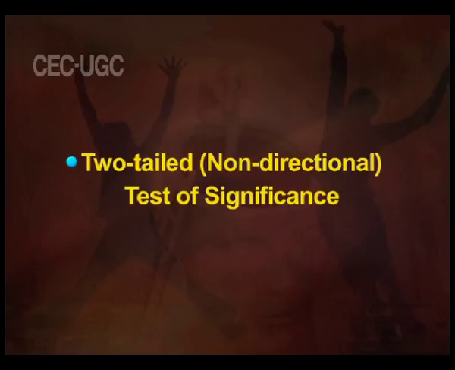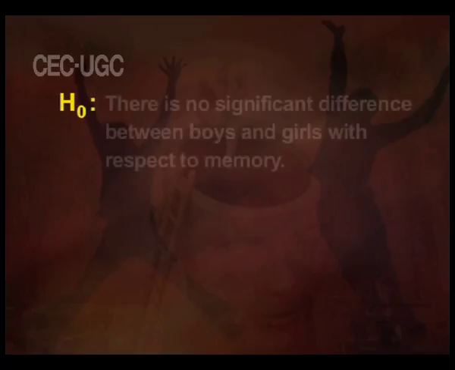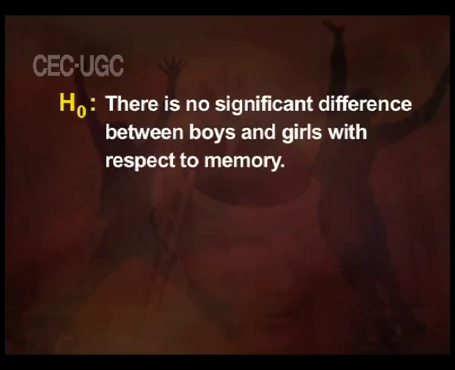The second concept we're going to consider is the two-tailed and one-tailed tests of significance. Let's first look at the two-tailed or non-directional test of significance. Suppose we had a research question which asked, is there a significant difference between boys and girls with respect to memory? The hypotheses would be as follows. The null hypothesis, denoted by the symbol capital H with a subscript of 0 or O, would read, there is no significant difference between boys and girls with respect to memory.